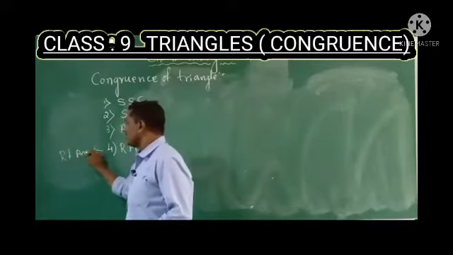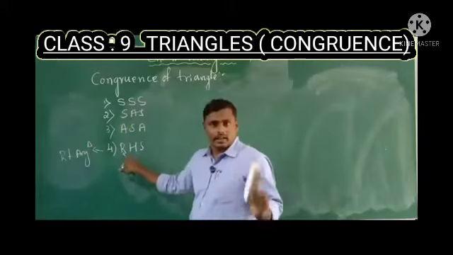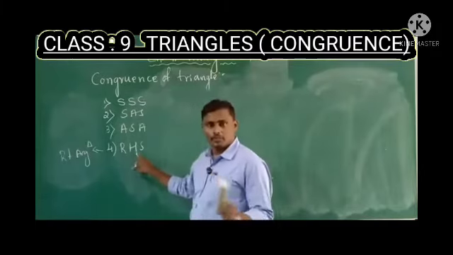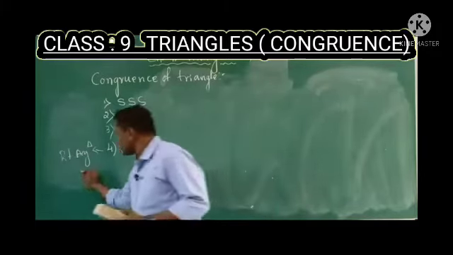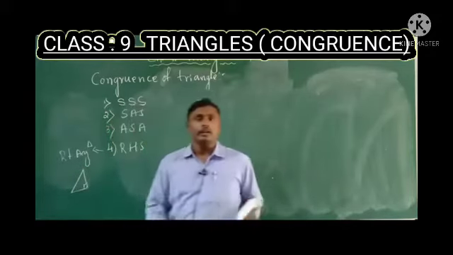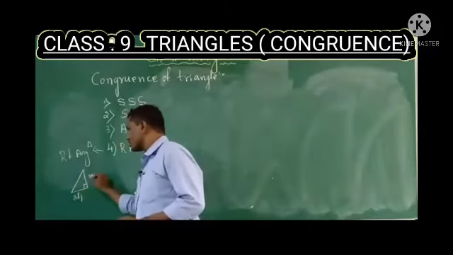In that, R means the right angle of the given triangle, H means the hypotenuse of the triangle, and S means consider any one side of the right angle triangle, either the adjacent side or the opposite side.